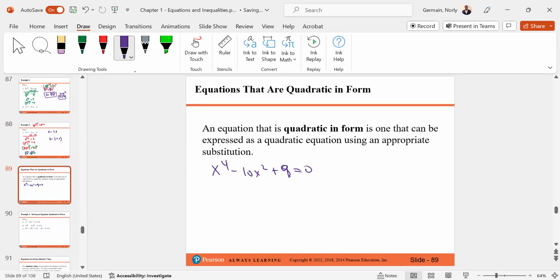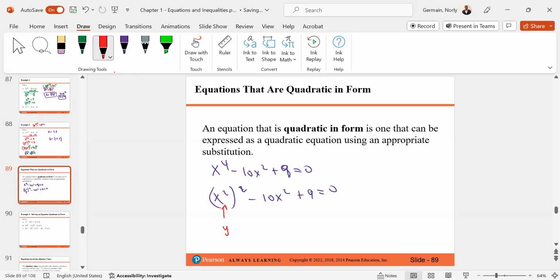It looks like a quadratic, right? All you need to do is rewrite x power 4 as x squared power 2, minus 10x squared plus 9 equals 0.